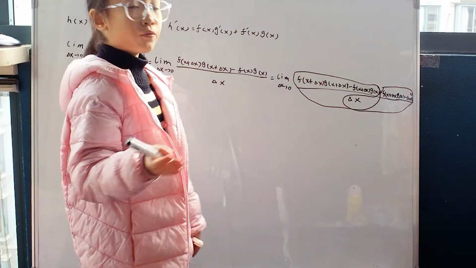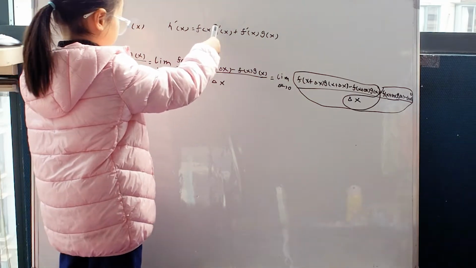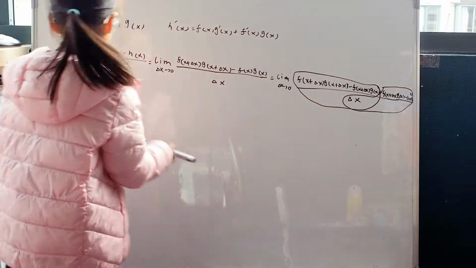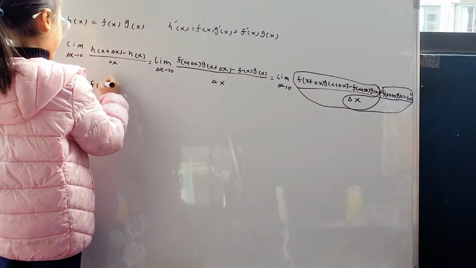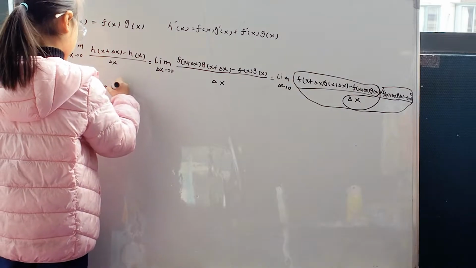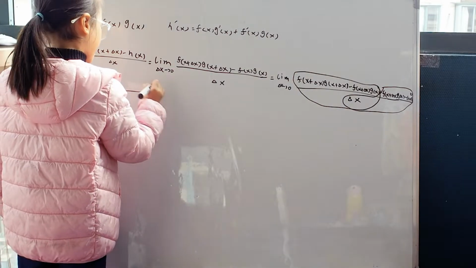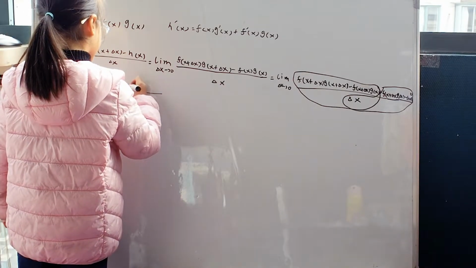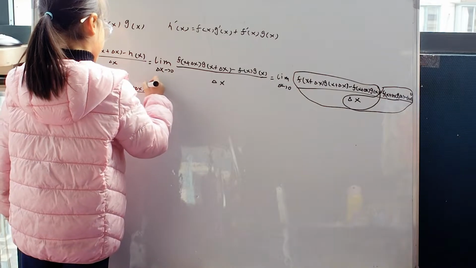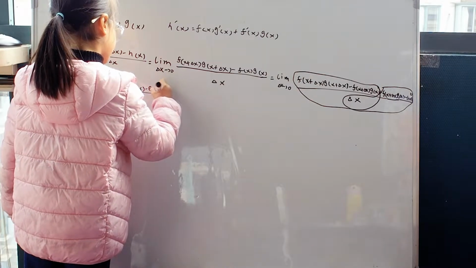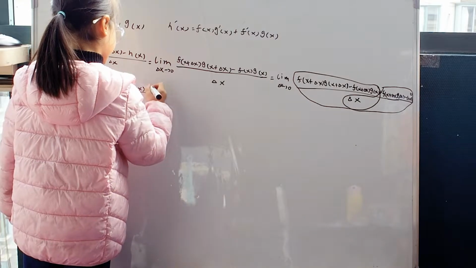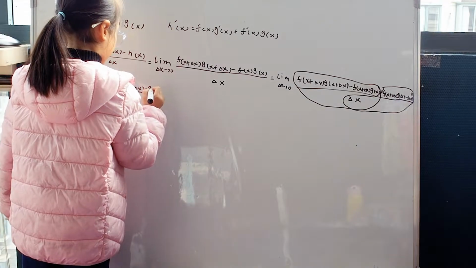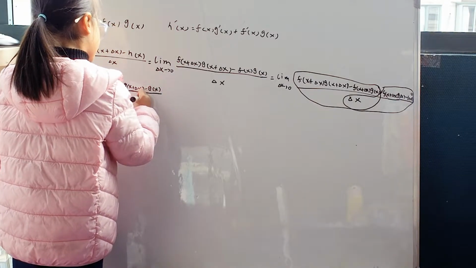Actually, this is another form of the derivative of g(x). So let's work it out. It should be f(x plus delta x) times this over delta x.